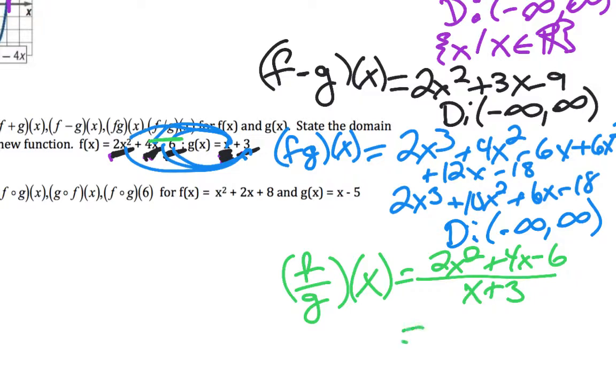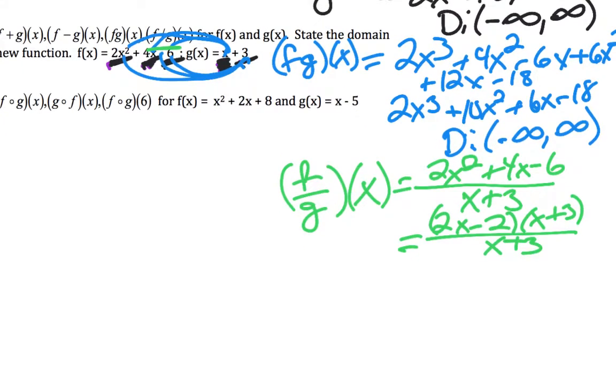But we need to see if the top will factor, and it does, so it's a 2x minus 2 times x plus 3 all over x plus 3, which reduces here, and so f divided by g of x is 2x minus 2.